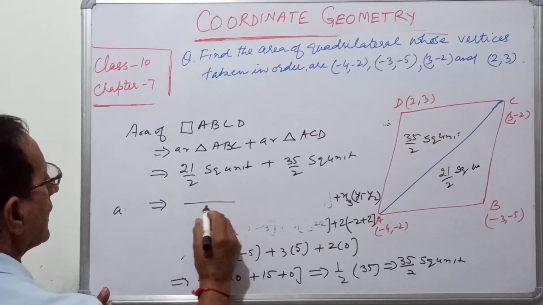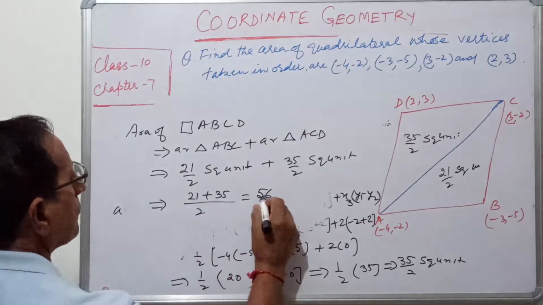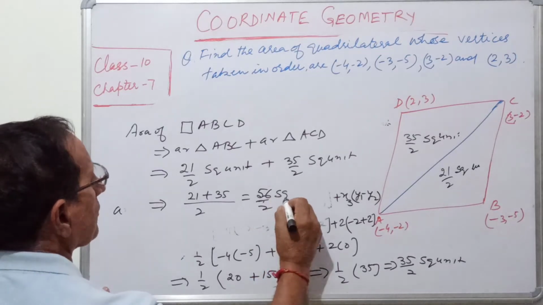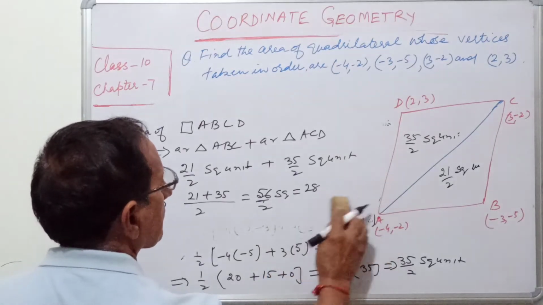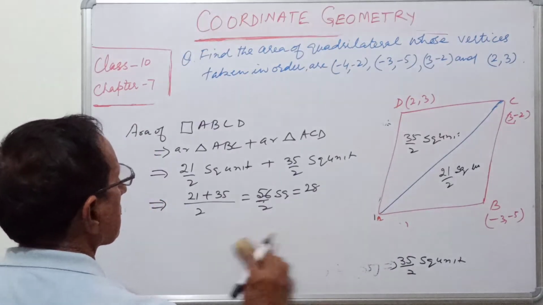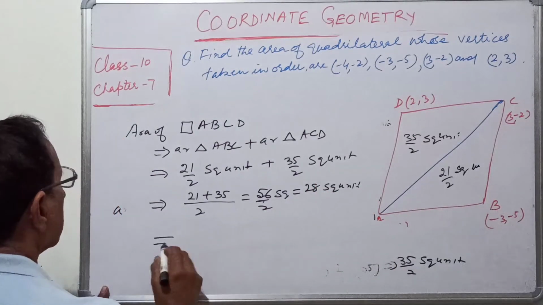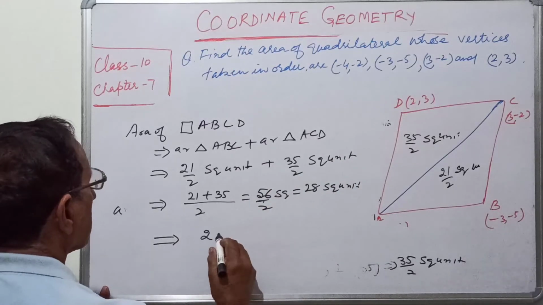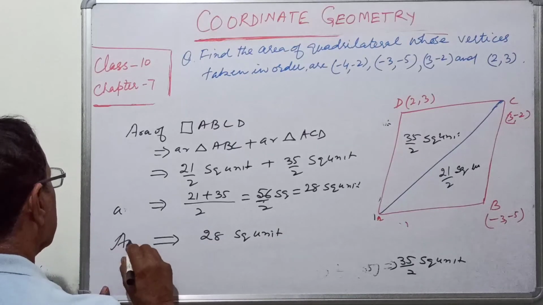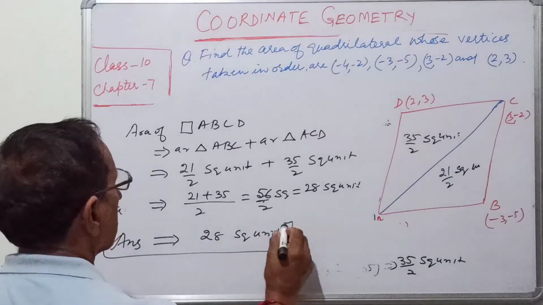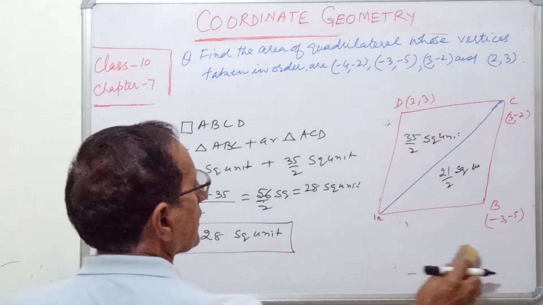So 2 is the common denominator, 21 plus 35 is 56 upon 2, that is 28 square units. So the answer is that the area of the quadrilateral is 28 square units.